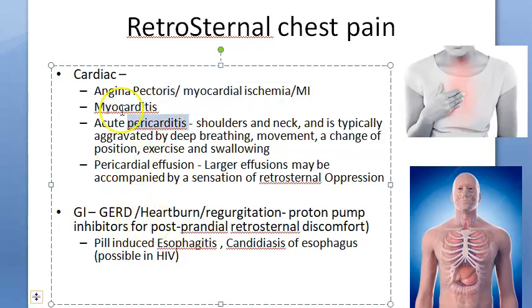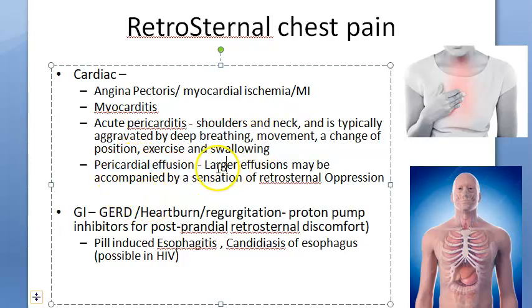The muscle layer of the heart has some infection, or pericarditis, the outer layer of the heart has some problem. Then pericardial effusion, that is fluid accumulation between your myocardium and pericardium, the pericardial fluid.